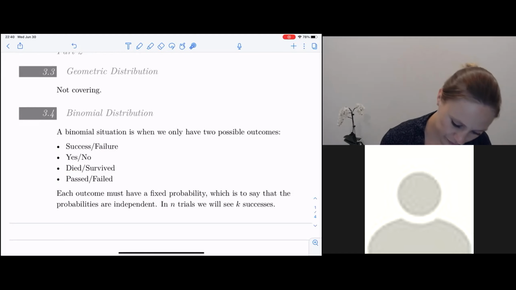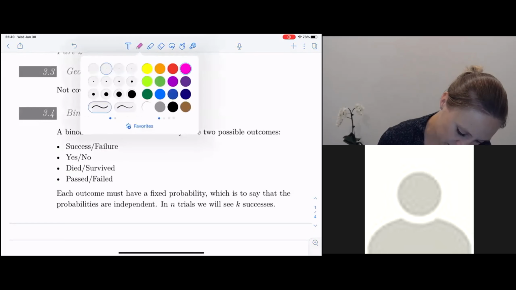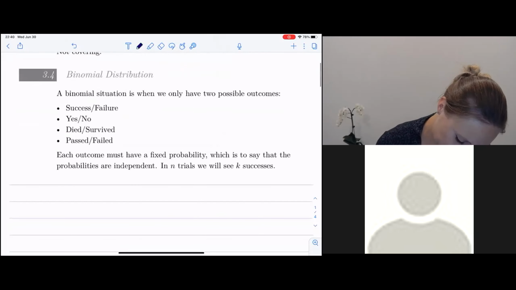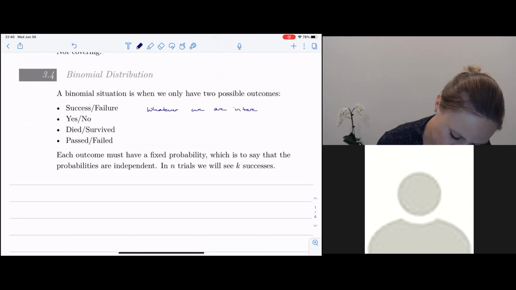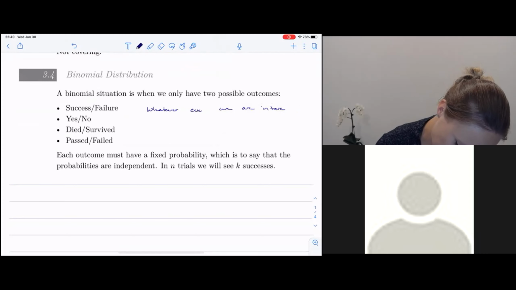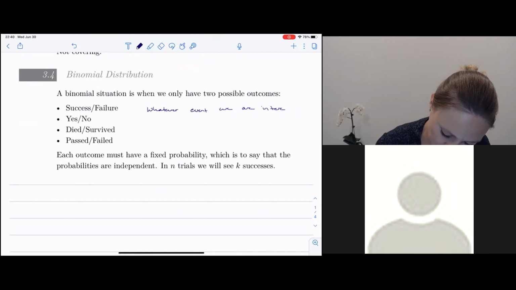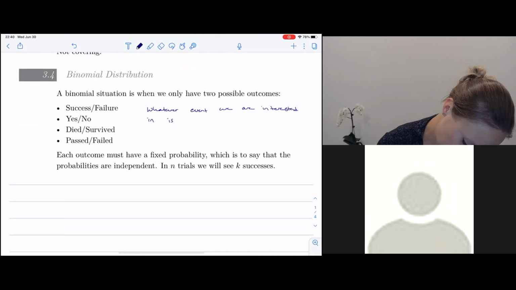Okay. So whatever we are interested in, or whatever event, that's what I wanted to say, whatever event we are interested in is called the success, right?